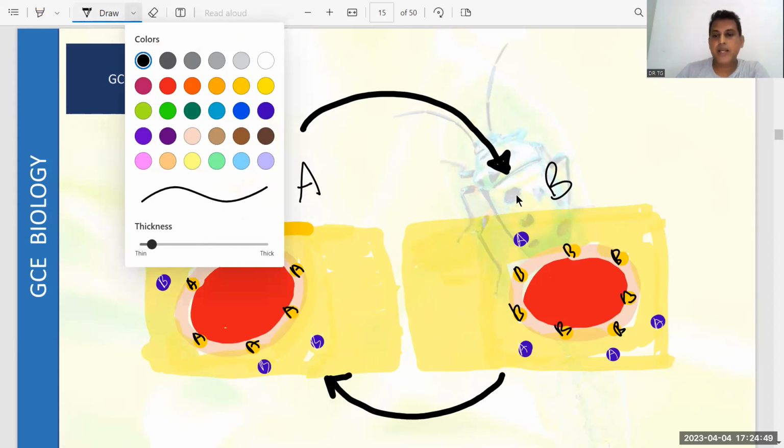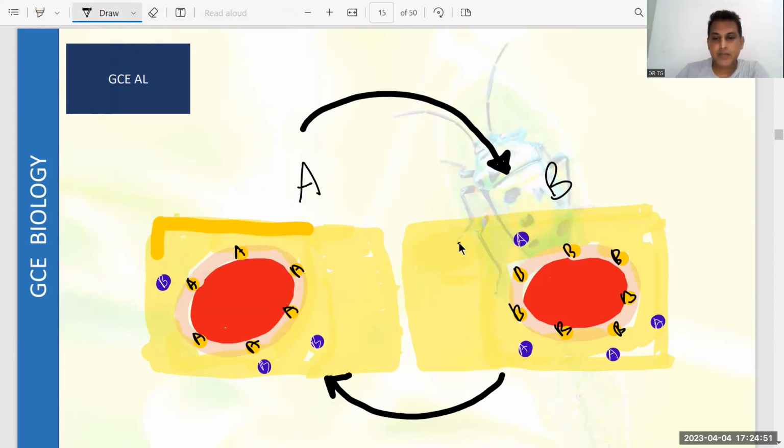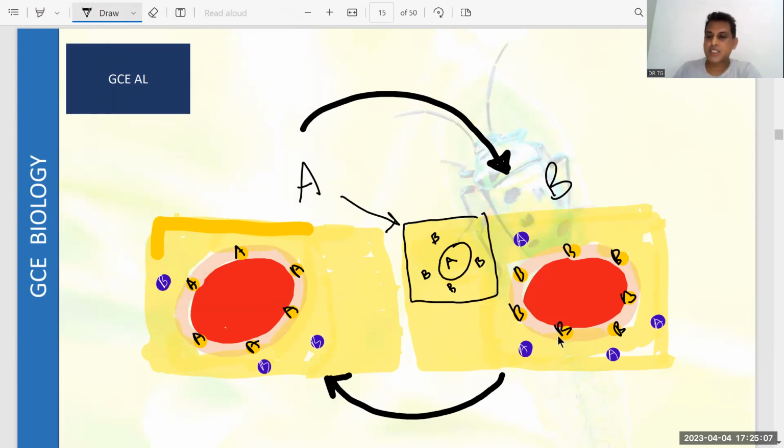If A blood is going to be given, this represents the red blood cell of A, and this represents the antibody of A. So this is the blood of A now, right? This is the blood of A. Now it's mixed in B. Blood mixed together, both A and B. Now what is going to happen in this case?